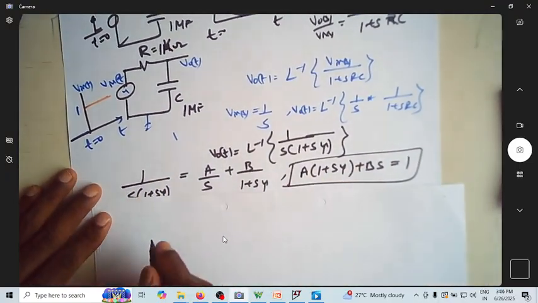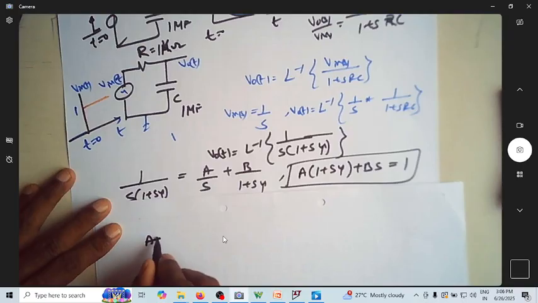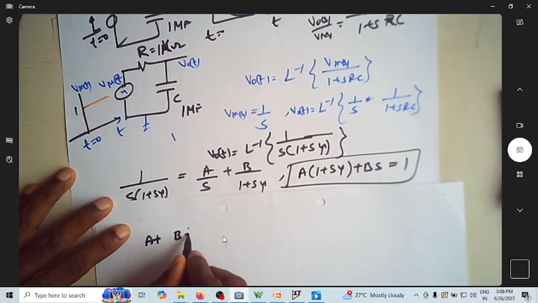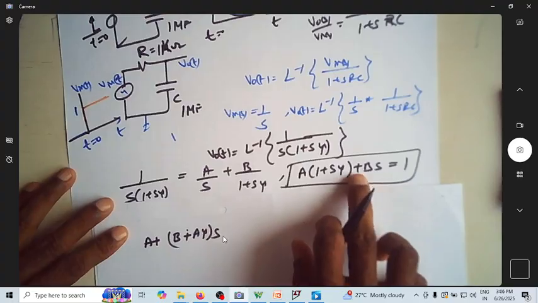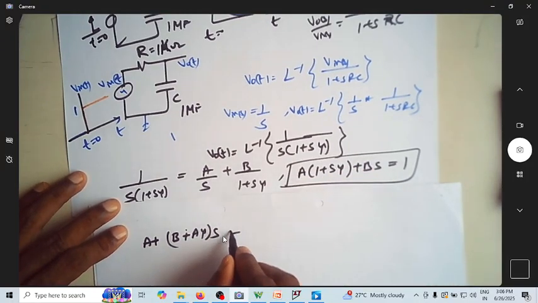I can rewrite this expression as a plus b plus a tau into s, so this is grouping the coefficients of s and s power 0 equal to 1.